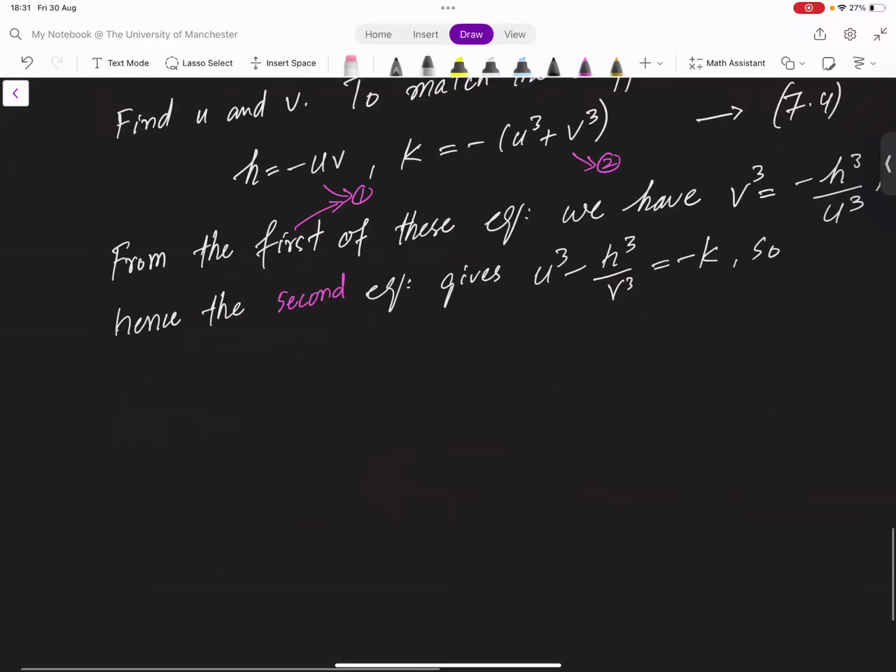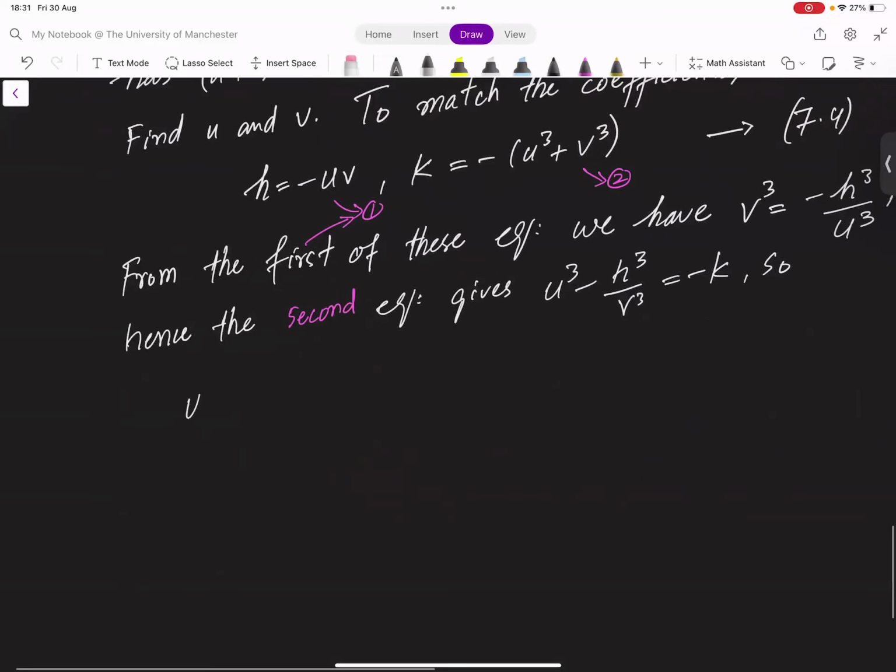So u power 6 plus k u cube minus h cube is 0. And this we write as 7.5.